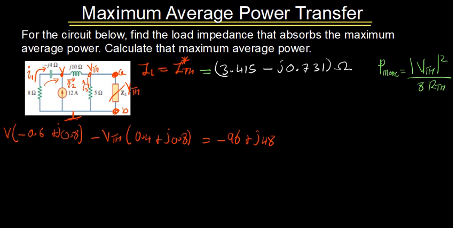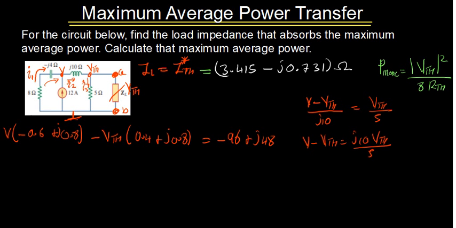Okay, so at node V Thevenin, you observe that I2 is equal to I3, and your I2 is simply V minus V Thevenin divided by j10, which is equal to I3, which is simply V Thevenin divided by 5. So once again I can write this as V minus V Thevenin is equal to j10 V Thevenin divided by 5 there.